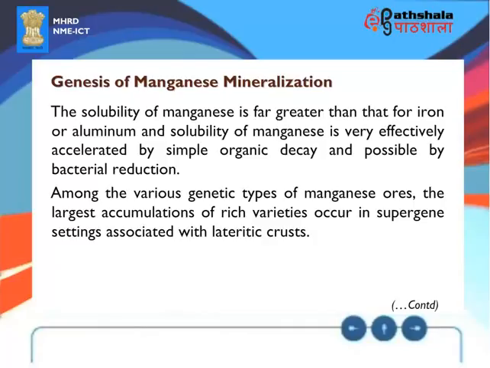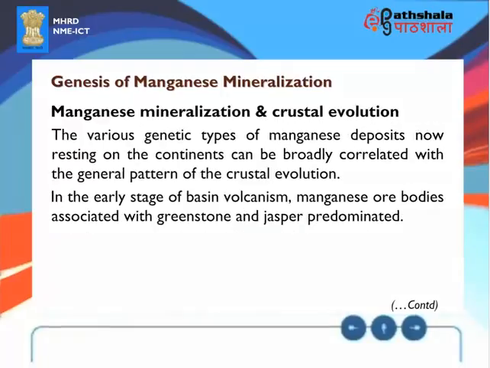The solubility of manganese is far greater than that for iron or aluminium, and solubility of manganese is very effectively accelerated by simple organic decay and possibly by bacterial reduction. Among the various genetic types of manganese ores, the largest accumulations of rich varieties occur in supergene settings associated with lateritic crusts.